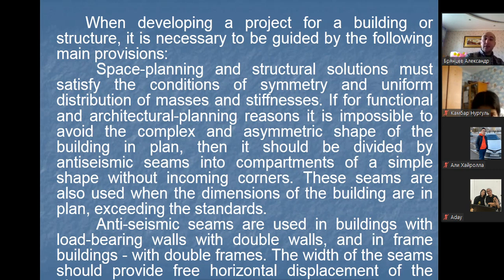So the plan itself should have a non-asymmetrical shape, and also should be divided by anti-seismic seams. Anti-seismic seams divide a long building into several parts. For example, a building 30 meters long can be or should be divided into two parts.